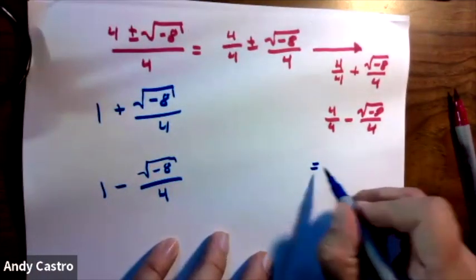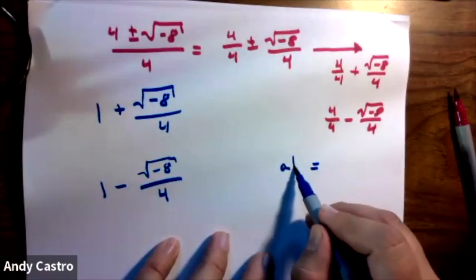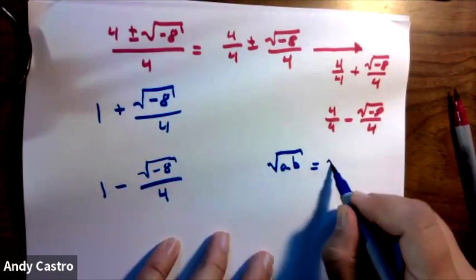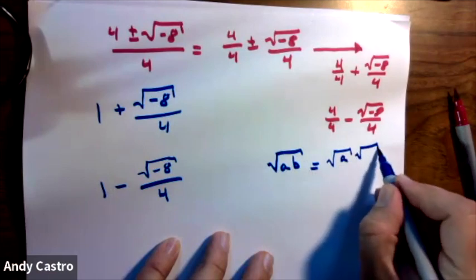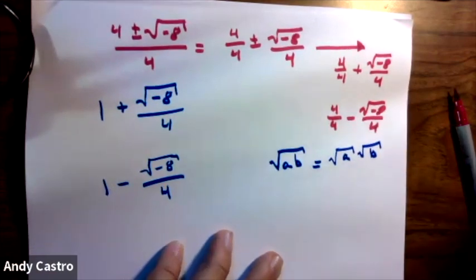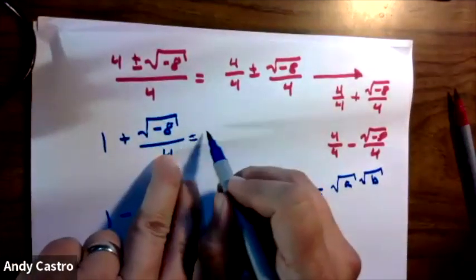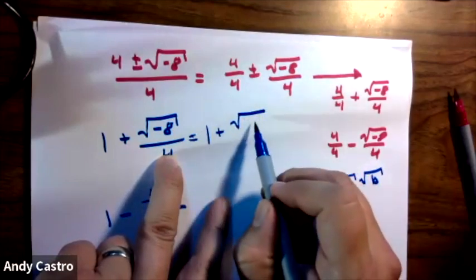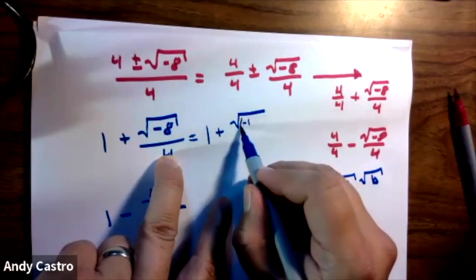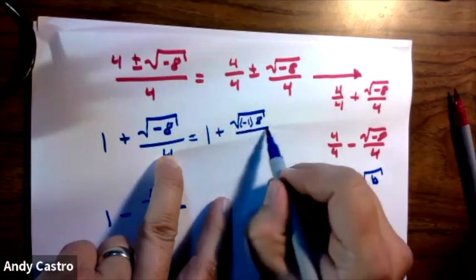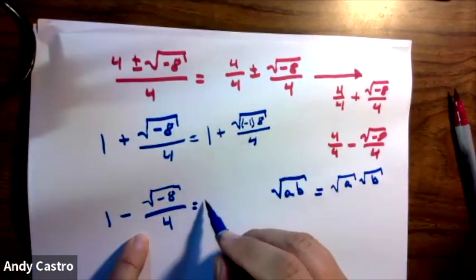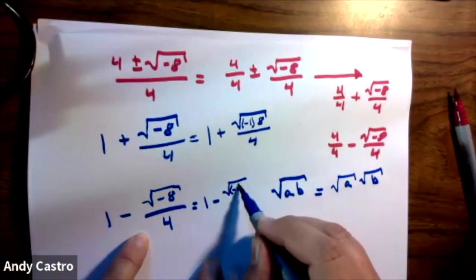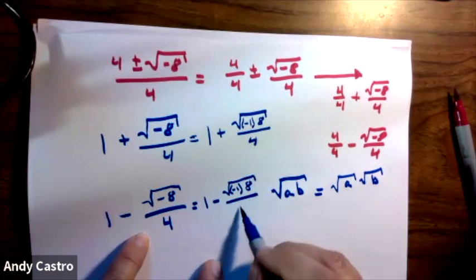So if we look at one of the properties, if I have two numbers underneath the radical multiplied together, that's the same thing as the radical of each multiplied together. So here, that's what I'm going to do. I'm going to keep the 1 where it is, plus, and then instead of -8, I'm going to do -1 times +8. And it'll be the same here. 1 minus square root of -1 times +8 over 4.